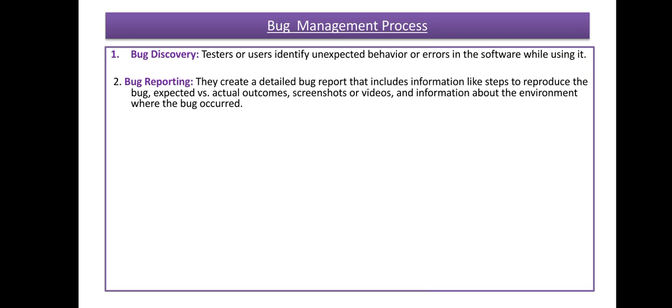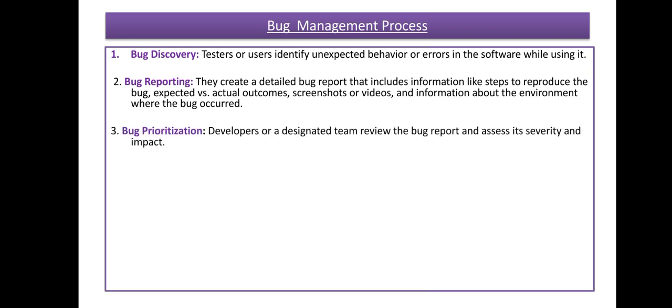Once a bug is identified, you have to clearly specify it and create a detailed bug report, with information like steps to reproduce the bug and expected versus actual outcomes, plus screenshots or videos. With that, one can express the error that is occurring in the form of a report.